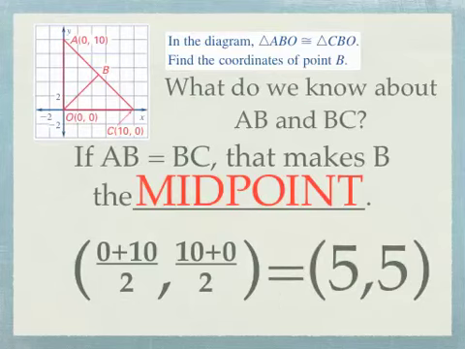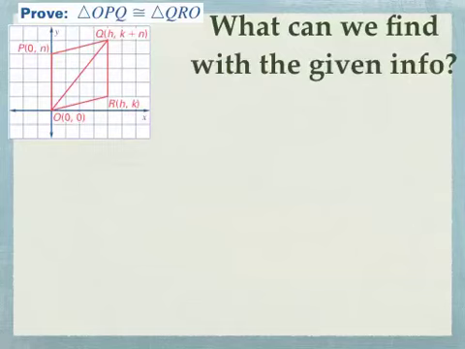The next example asks us to prove that triangle OPQ is congruent to triangle QRO. And notice that they've given us the ordered pairs: O is at 0, 0, R is at h, k, Q is at h, k plus n, and P is at 0, n.